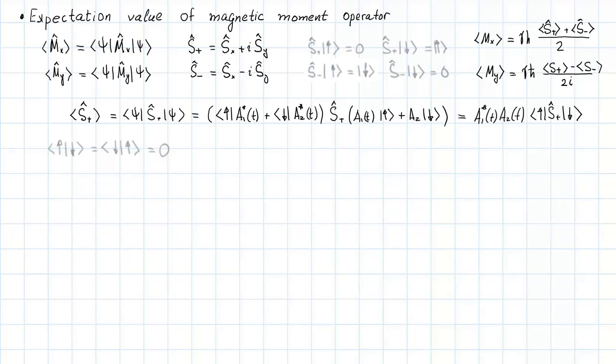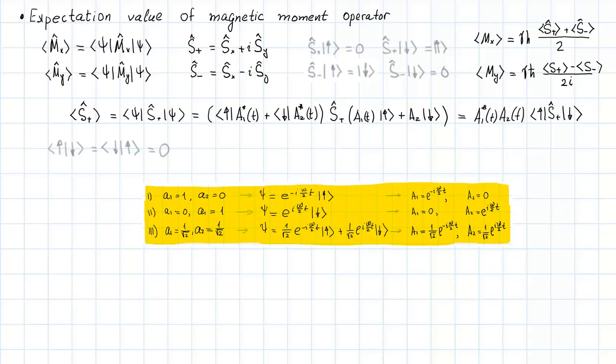Now we can calculate the expectation value of the S plus operator for some specified cases. We will consider the three wave functions which were obtained on the previous slide. It is clear that in the first and the second case, the S plus expectation value is equal to 0, because in these cases either coefficient A1 or coefficient A2 is equal to 0.